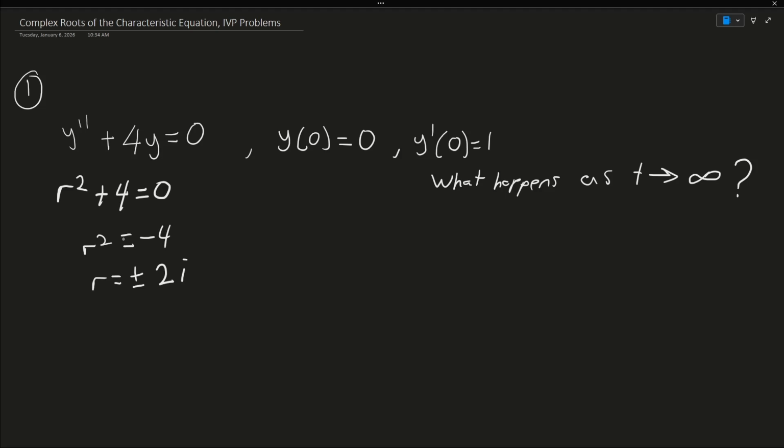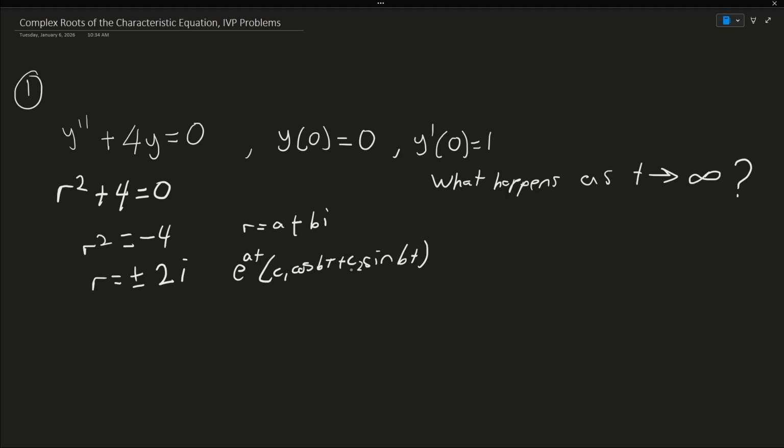To build our solution from these roots, since we have complex roots, we're going to use this formula: e to the at, c1 cosine of bt plus c2 sine of bt, where r is in terms of a plus bi. This is the imaginary part, b, and this is the real part, a.